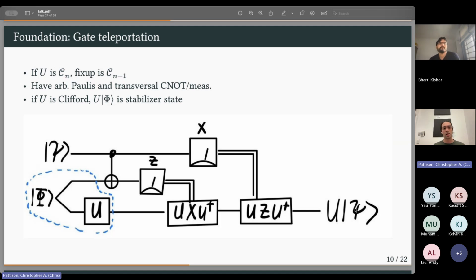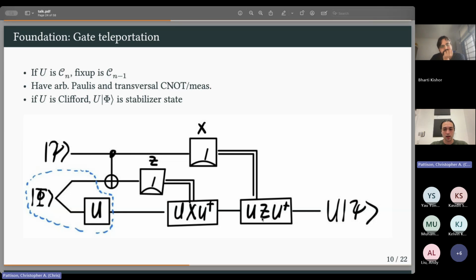The general idea is that if I apply a teleportation circuit on the Bell state, where I've applied a unitary to one half of the Bell state, then I can conjugate the fix-up operations so that the final output of the teleportation circuit is that state with the unitary applied.